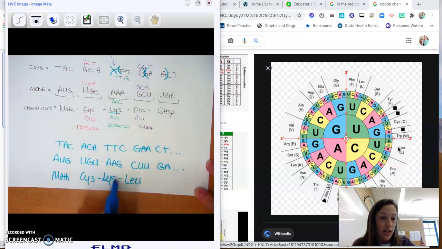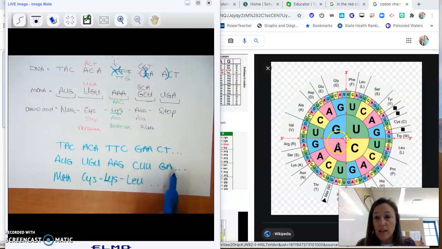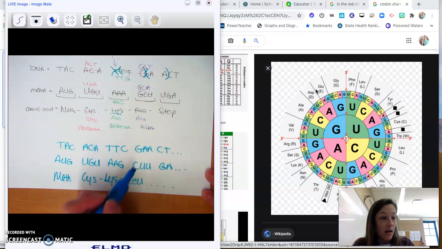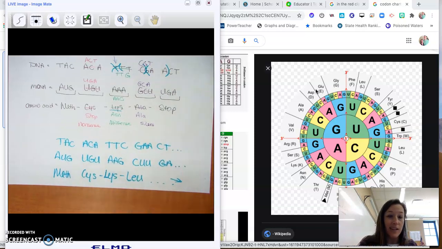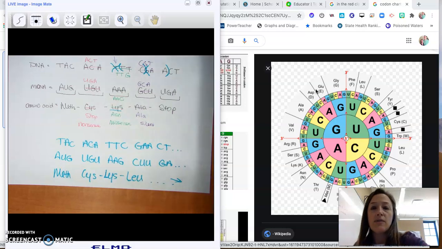So you can see this is actually a silent mutation, but now everything downstream, because we're not going to have a stop. GA is either going to be glutamine or asparagine. It's not going to be a stop. So our protein should be stopping here, and it's not going to. It's just going to keep going. And so you can see that's going to make a big difference in this protein. It's basically going to keep going until it runs into an accidental stop codon. And so that's a frame shift.